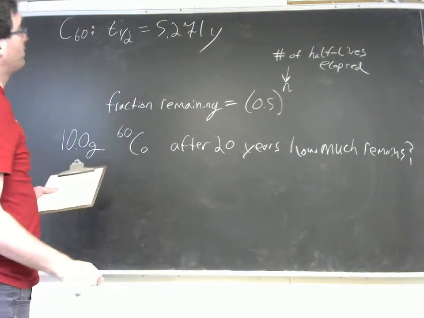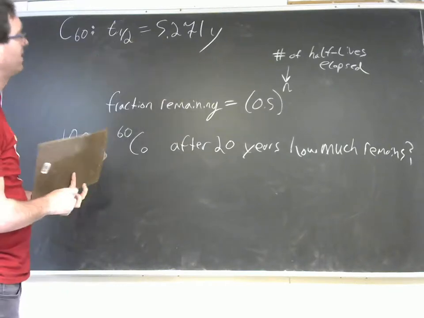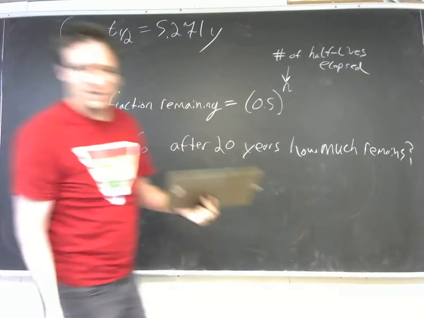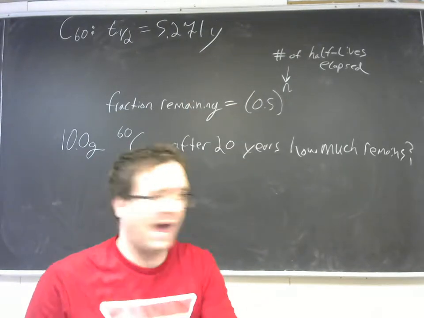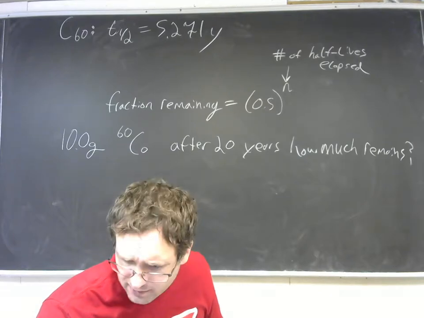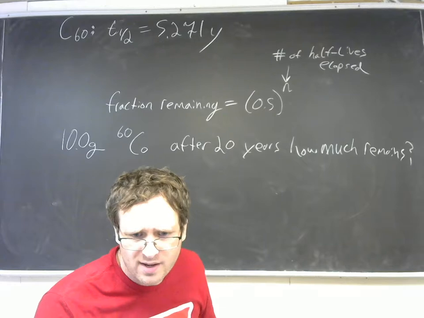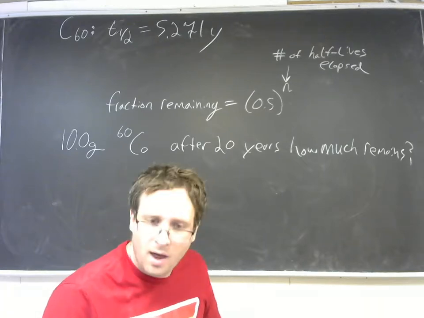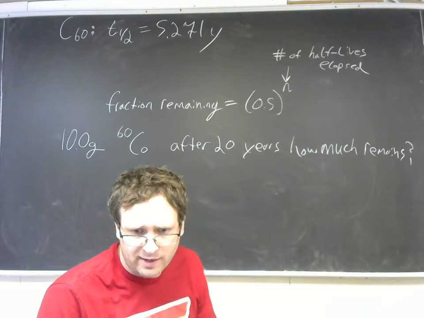So what we would do is say, well, how many half-lives is 20 years? It's a little bit less than 4, but we better figure out what the actual number is. So we're going to take 20 divided by 5.271. Sorry, my calculator hadn't quite booted up.